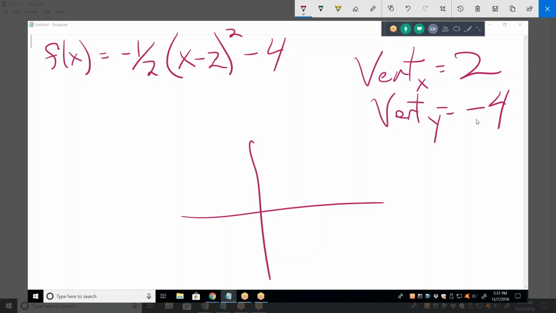Your vertex or your line of symmetry. No, your vertex. You were right the first time. Where's my vertex? -4. 2, -4. That is right. Let's see. If we call this 2, -4 would be maybe right there. Okay. So open up or down? Down. Good.